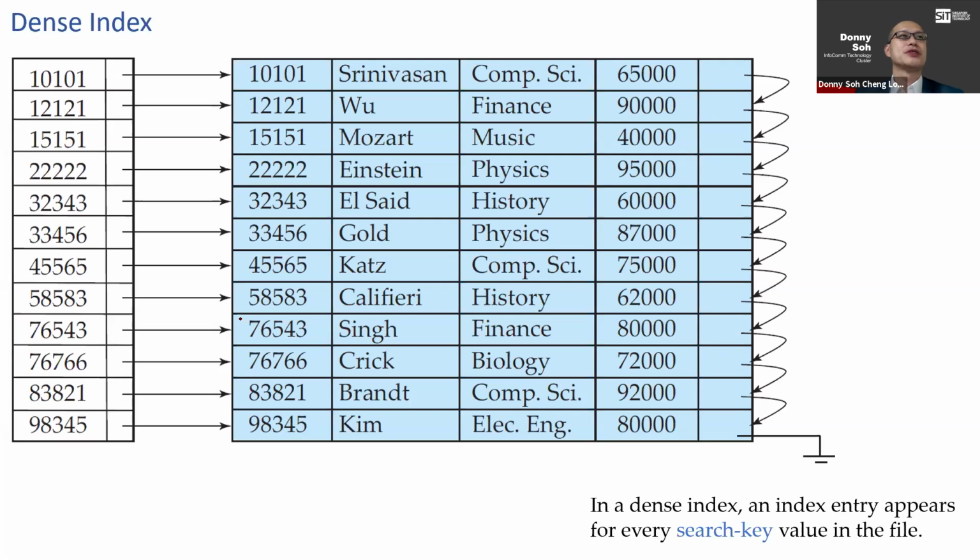So in this, this is the ID. I have an index built on the ID. This is my primary index. And in this index, for every single value there's a search key and a so-called pointer.